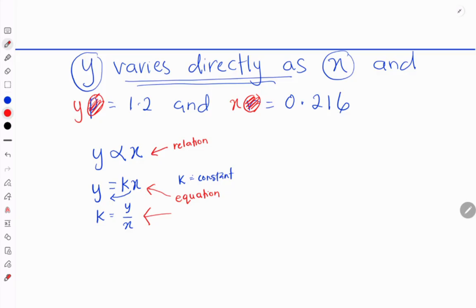The question says y is equal to 1.2 and x is 0.216. You must substitute the values inside. k equals 1.2 over 0.216. 1.2 divided by 0.216 equals 50 over 9.